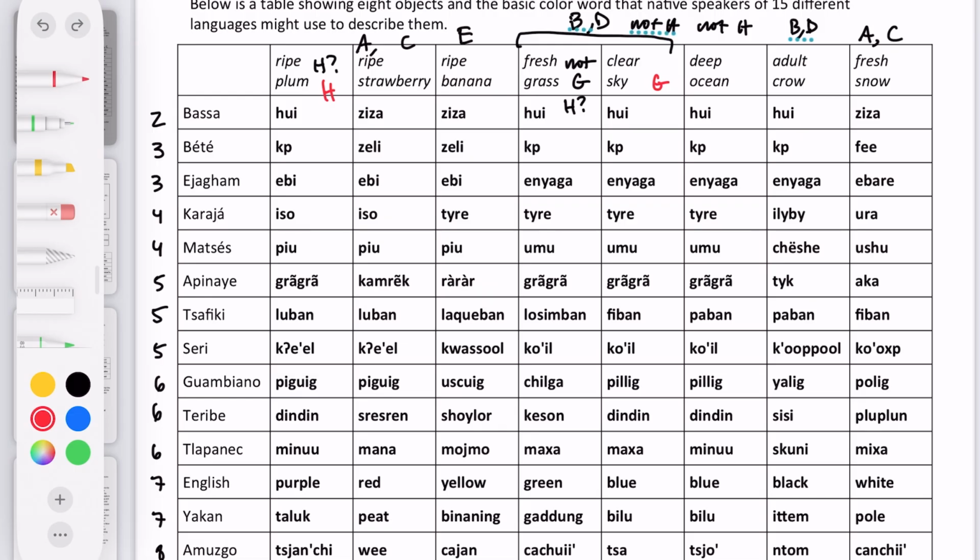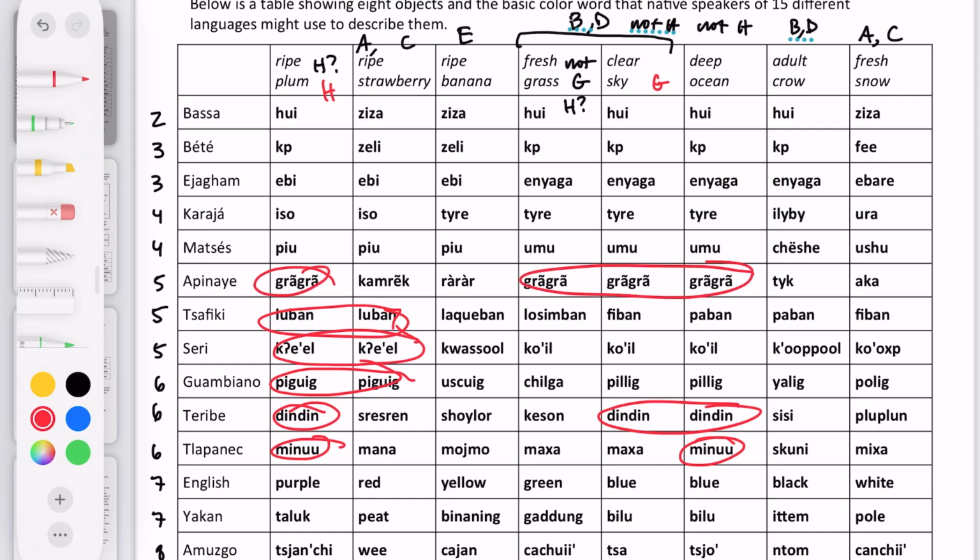We can start near the middle because we know that at the top there are going to be a lot of repeated values. Let's see if we see any repeated values for H. I see Luban, kale, pigwig, din, and then din over here, and then Minu and Minu. Those are the main ones. Oh, gra and gra. And then for G, are there any words where in these rows there's just one word for G?